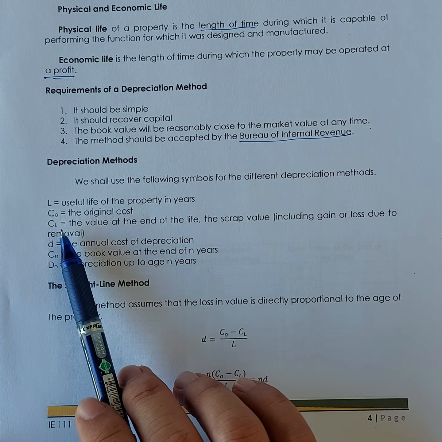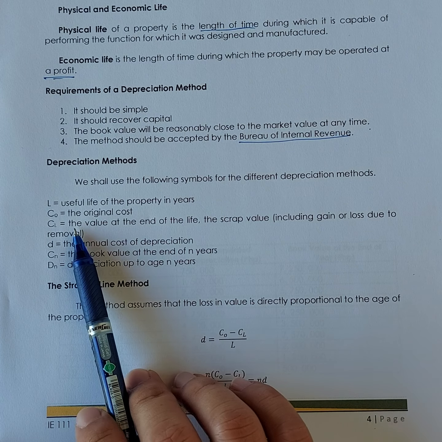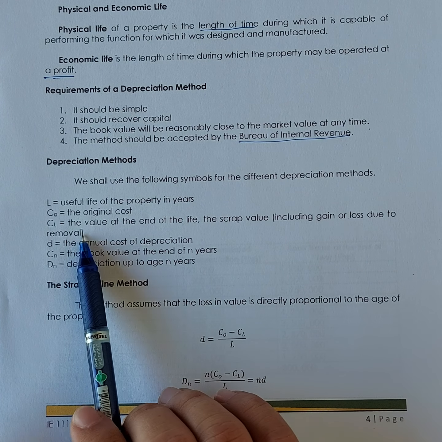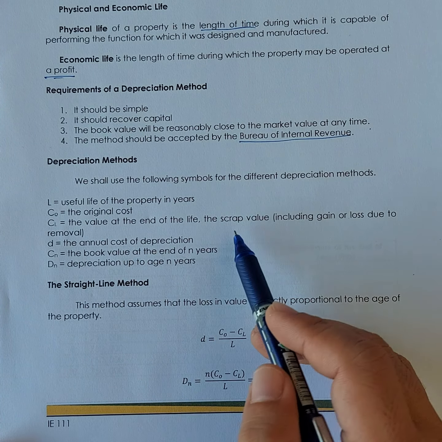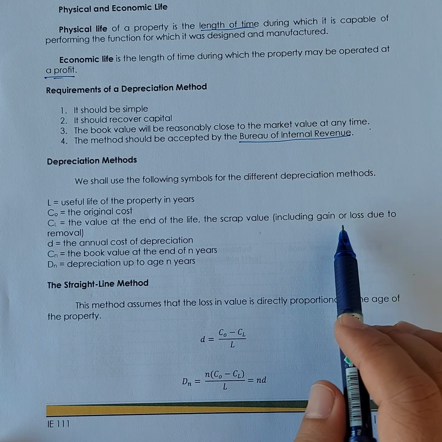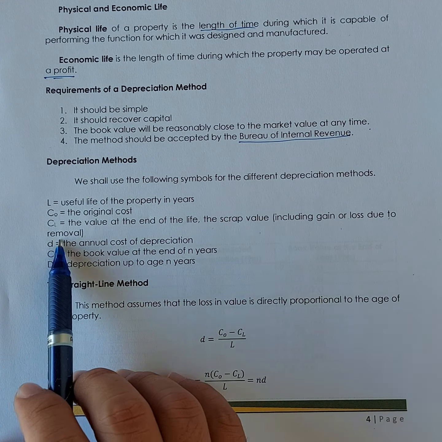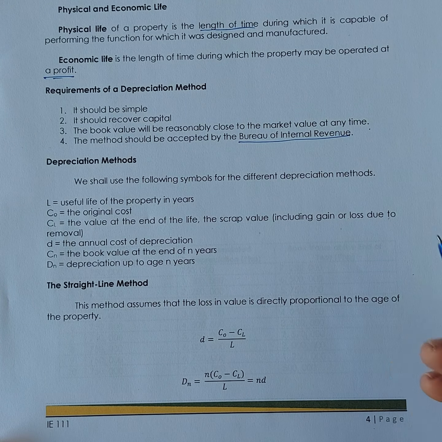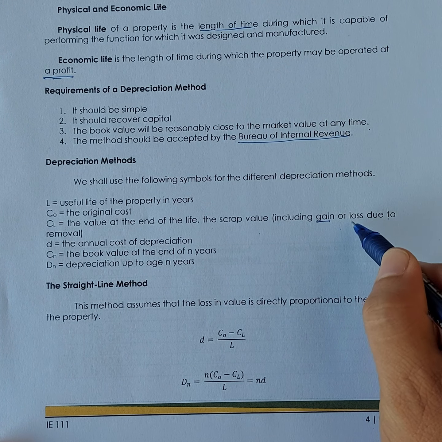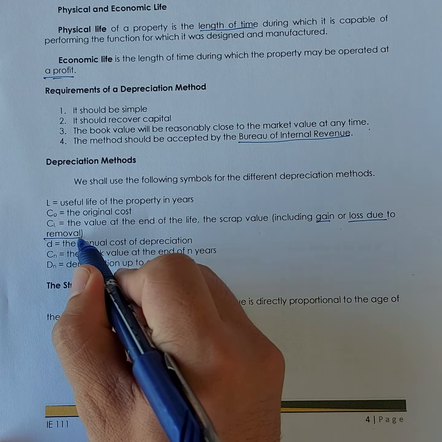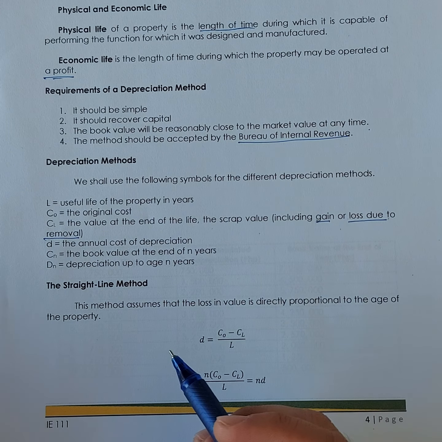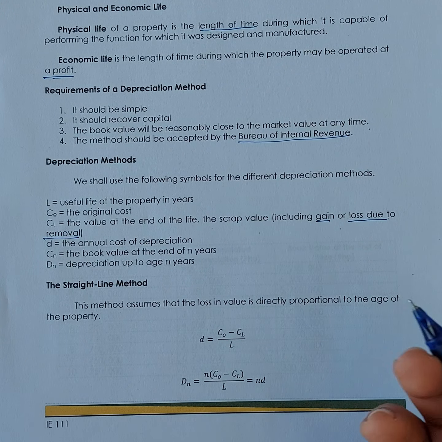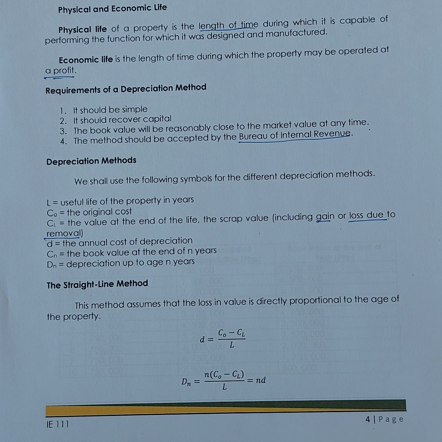And then the original C sub O is the original cost. C sub L is the value at the end of the life. The scrap value including gain or loss due to removal. Okay? So take note, including gain or loss due to removal. So, halimbawa, pa yung scrap ba, pag binenta mo yung property, meron kang na-gain, so include that. No?